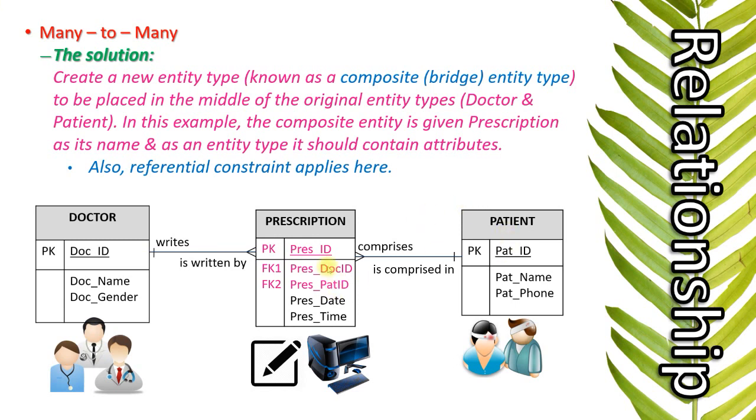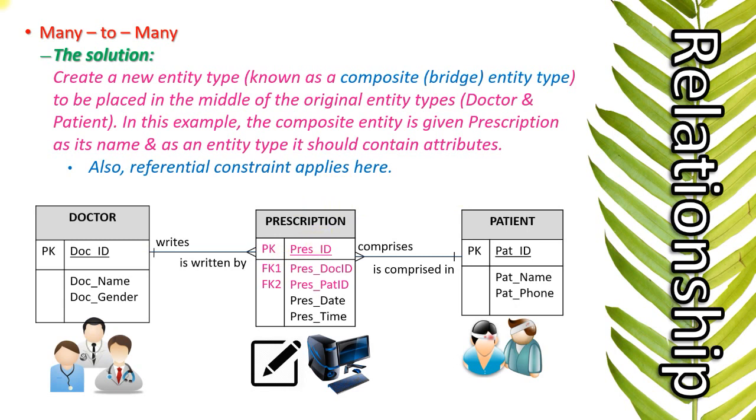They just become the foreign key attributes only here. A new attribute is created in the middle entity type, and it is the prescription ID that is assigned as the primary key.